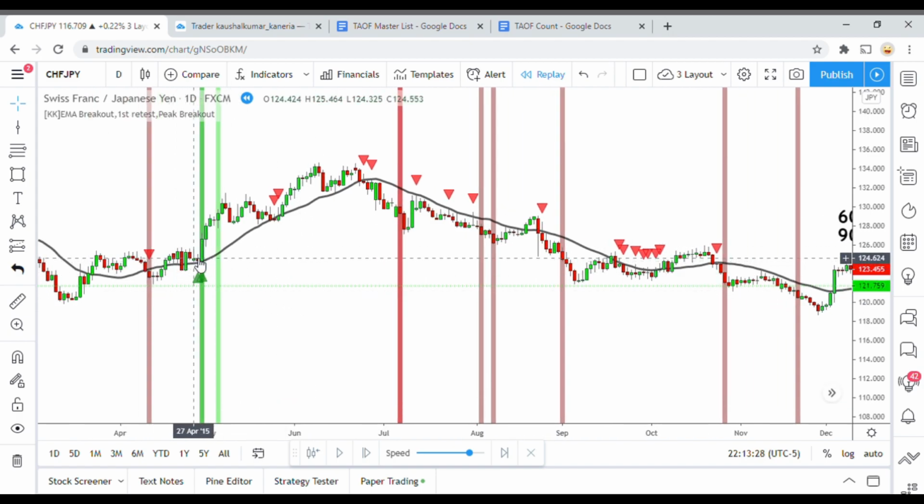The green ones indicate a retest to the upside. And so they come down, they touch the moving average. The green triangles come down and touch the moving average on the upside of the moving average.